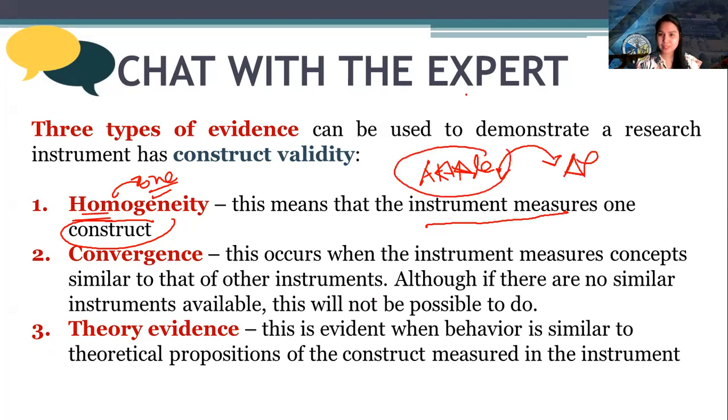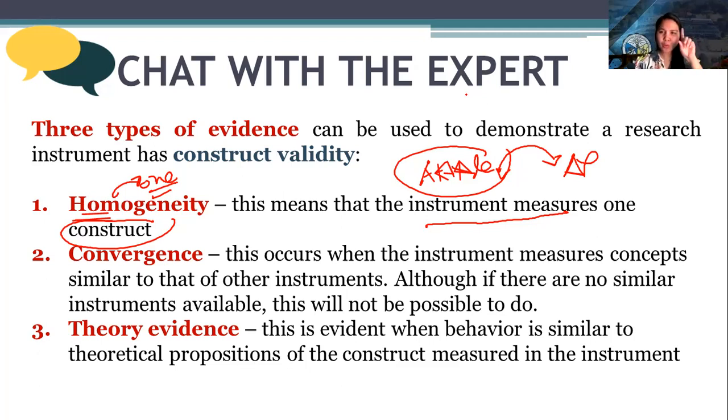Let's talk first on attitude towards math. Example question number 1. I like to study mathematics. Number 2, I believe I can do good in mathematics. Number 3, I feel belongingness in a mathematics class.